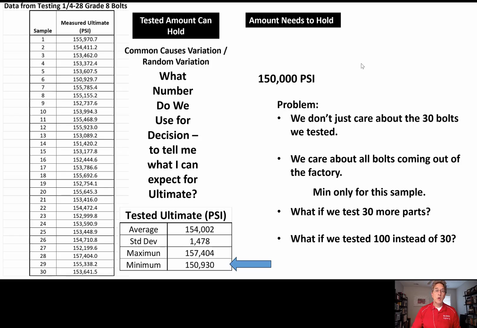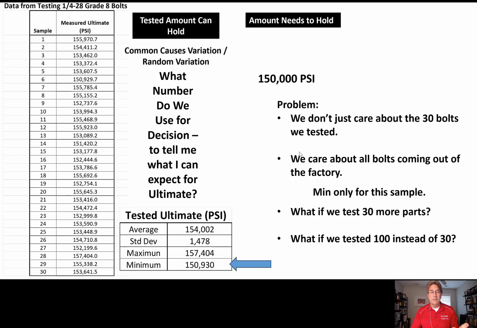So let's go back to where we started. We had these measurements for the bolts. We wanted to know what can we expect for the ultimate strength coming out of our factory. And we wanted to know what number to use for our decision. We learned we can't use the minimum because that's just for this sample. We don't care about that.